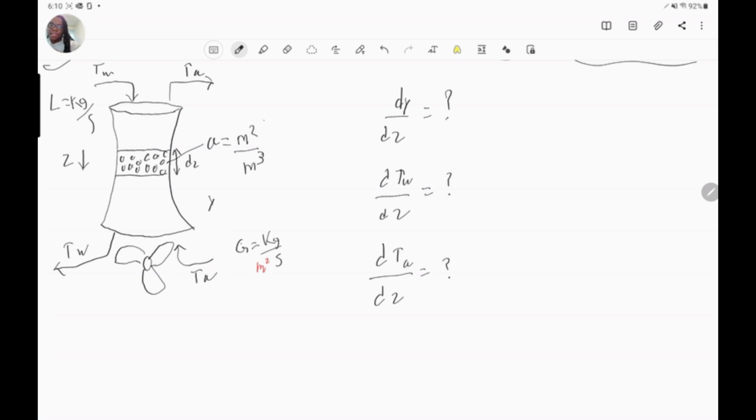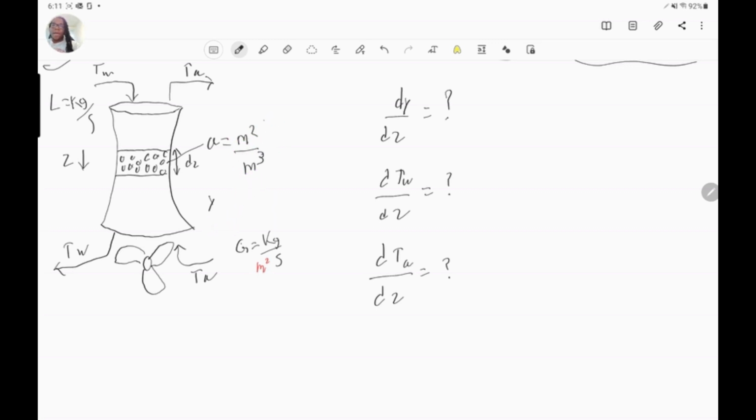And then this is all going to be flowing in the Z direction. Z will be going down. We also have a packed area here that we'll be working with, and the area for that will be in terms of meters squared per meter cubed, in terms of our surface area per volume.